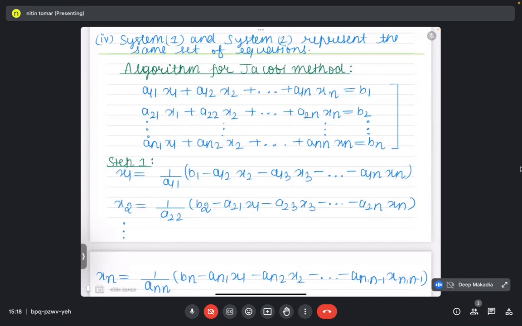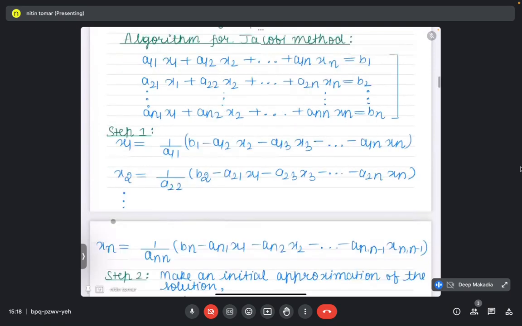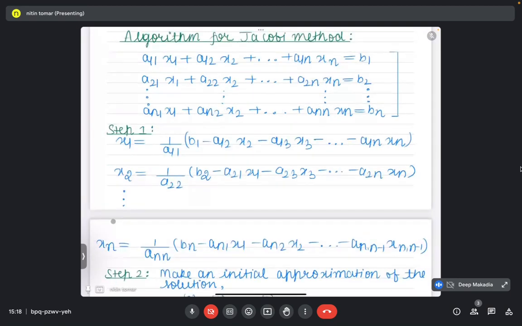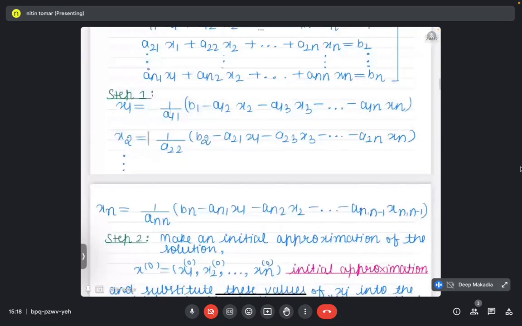From the second equation, you extract x2. From the third equation, you extract x3. From the fourth equation, you extract x4, and you keep on doing this. Now you can see, because we are taking 1 upon a11, 1 upon a22, 1 upon ann, that is why we need these diagonal entries to be non-zero.